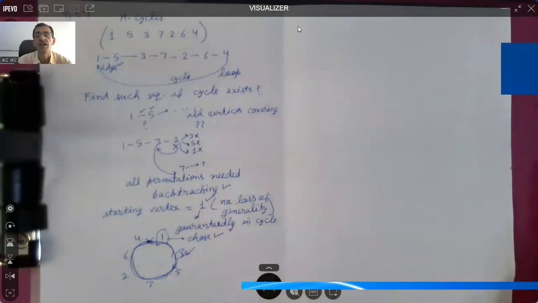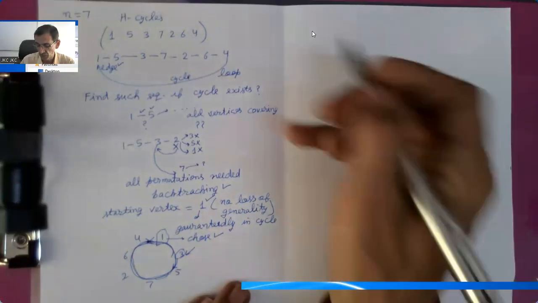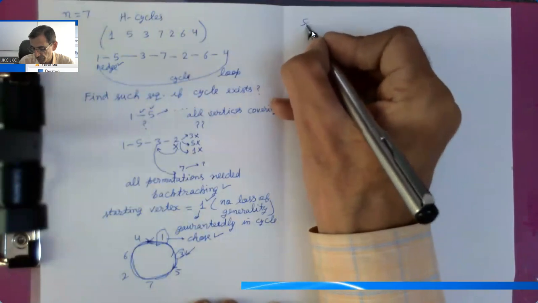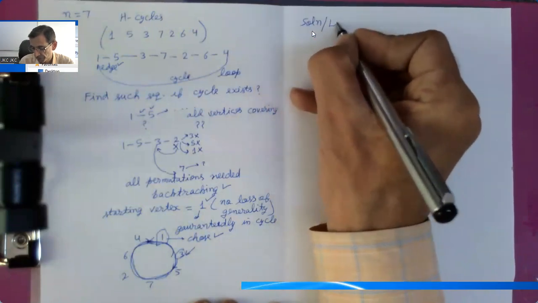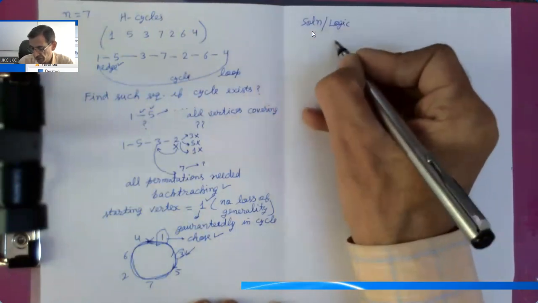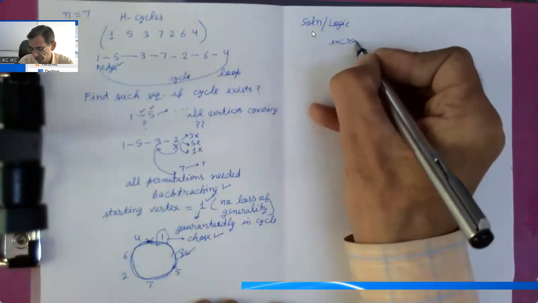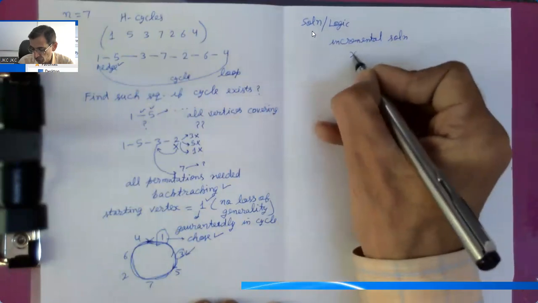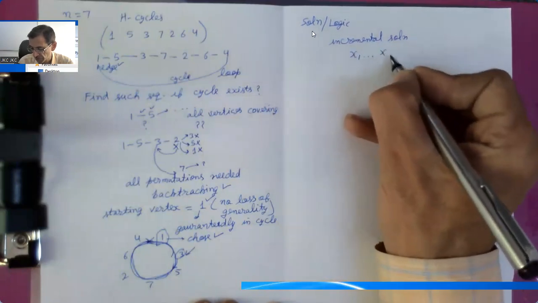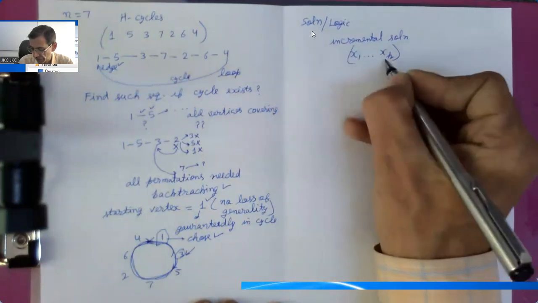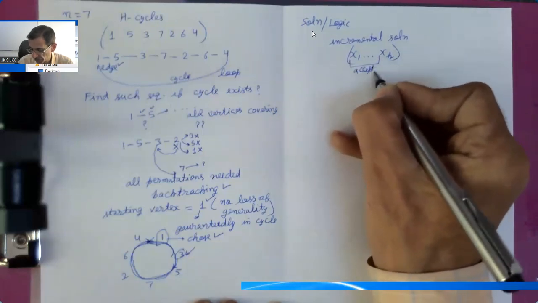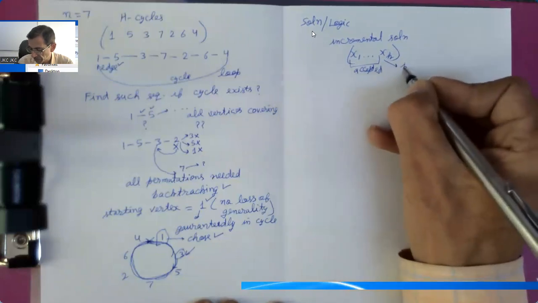Having said that, now I can easily say, once I know this, the things are simple. Again, how to solve? Solution or logic? Again, always try an incremental solution. So decide a solution from x1 to xk. So x1 to xk means all these are accepted up to k minus 1, and this is being attempted.